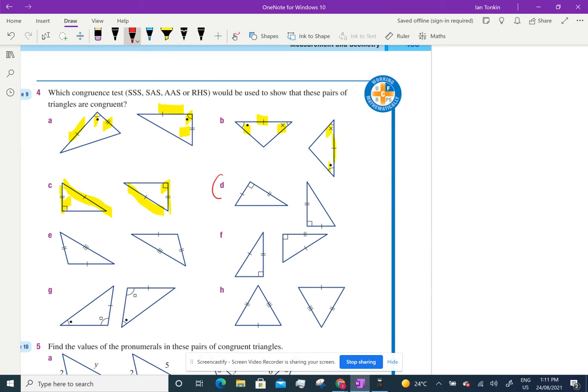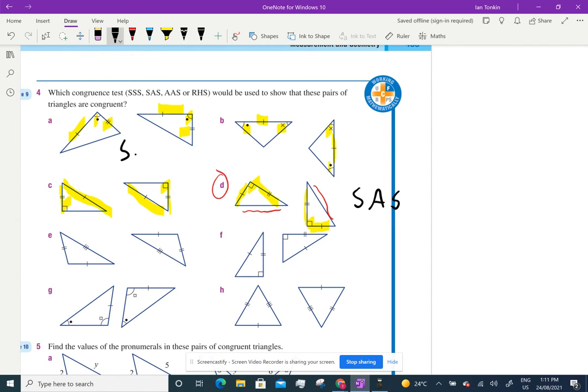This is a tricky one because you're thinking, oh, right angle. And you're right, it is a right angle, but you don't have the hypotenuse. You do not have this side, so you can't use RHS. What you've got though, is you've got this side and this side and this side and this side. So this is actually side angle side. The fact that it's a right angle makes no difference.